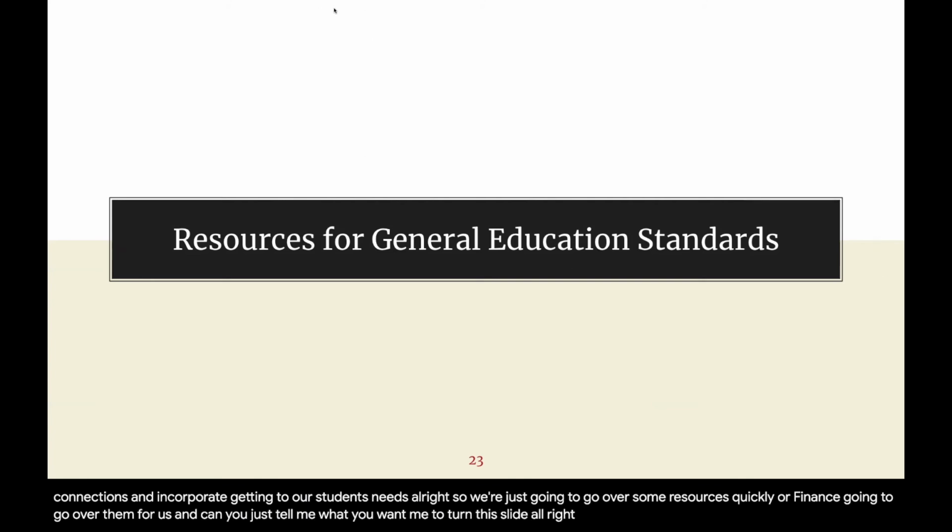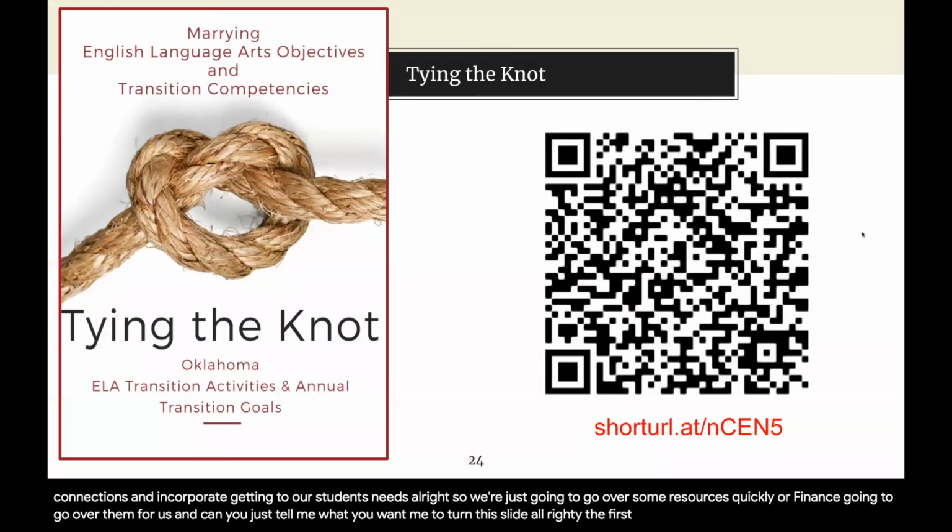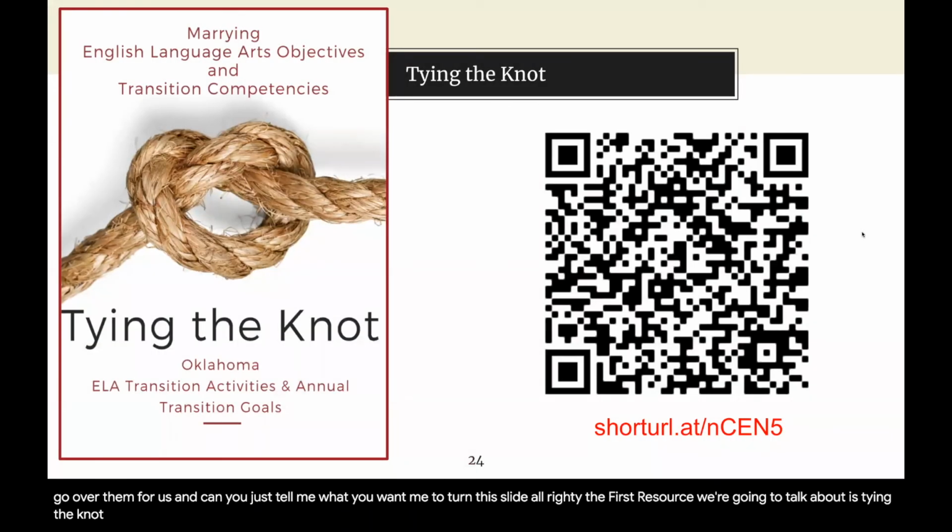All righty. The first resource we're going to talk about is Tying the Knot, which is kind of self-explanatory on the paper, but what it really does is marry ELA objectives and those transition competencies.